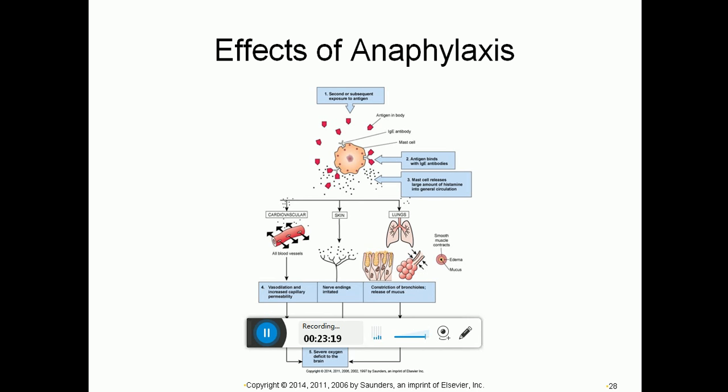Norepinephrine, which is a sympathetic drug or sympathomimetic drug, leads to vasoconstriction of the blood vessels. That'll elevate the blood pressure, and it also dilates the trachea and the bronchi, so that person can breathe normally.